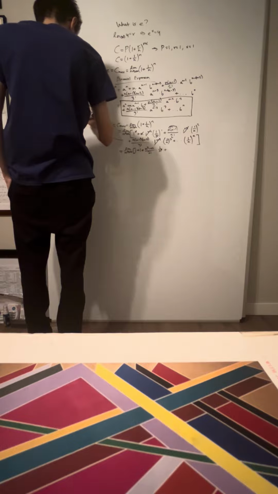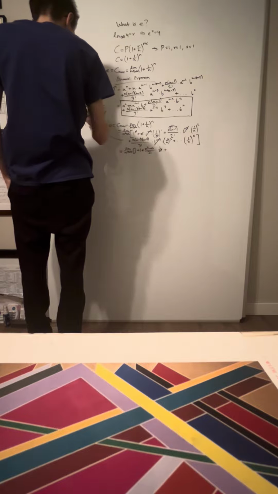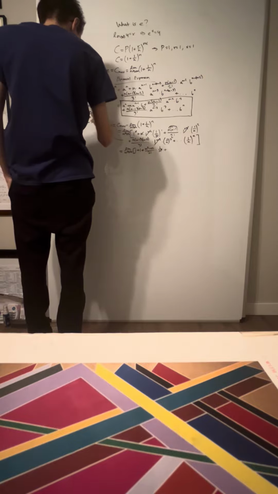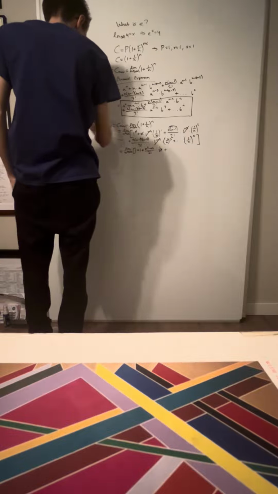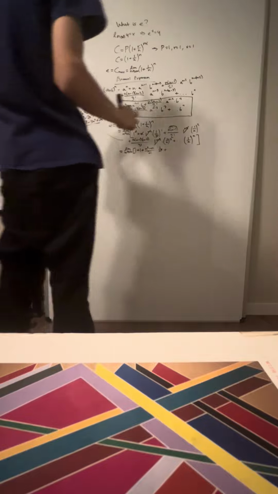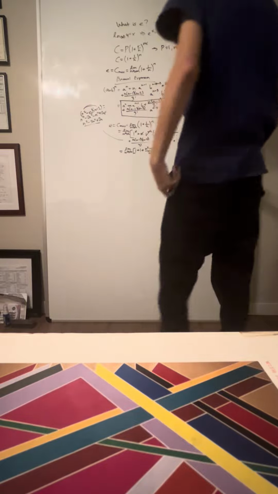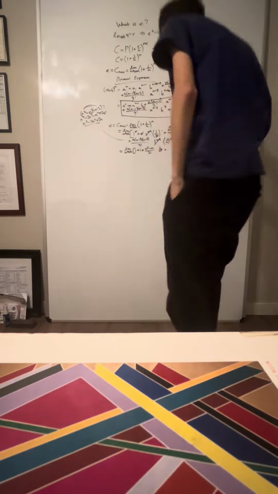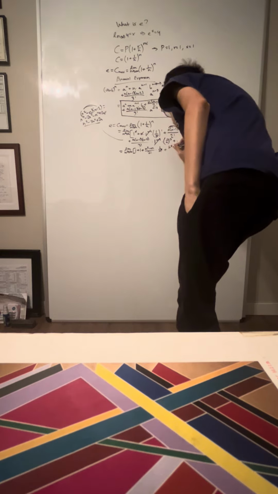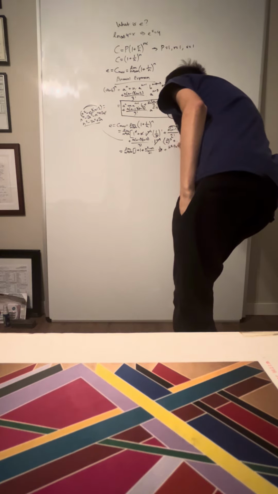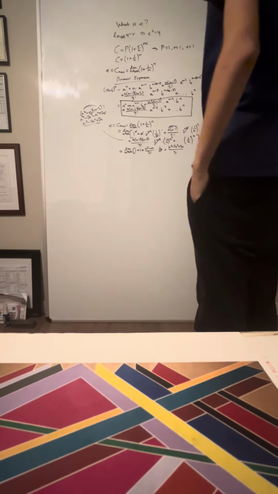Multiplying this piece out gets us to n cubed minus 3n squared plus 2n for that little piece in there. Okay, so let's go ahead and put that in there. Equals n cubed minus our 3n squared plus 2n over 3 factorial.